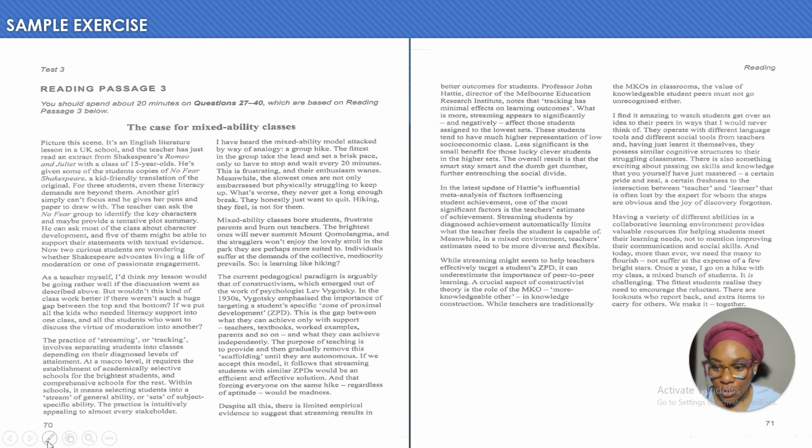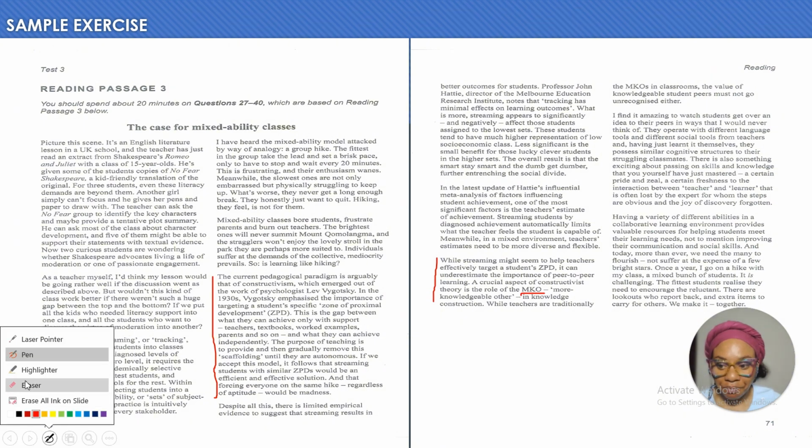So this is where we read for the answer we just got. Right? And now we are about to read from here, because this is where we have the keyword MKO, which is also in the question. Right? So I hope you are following.